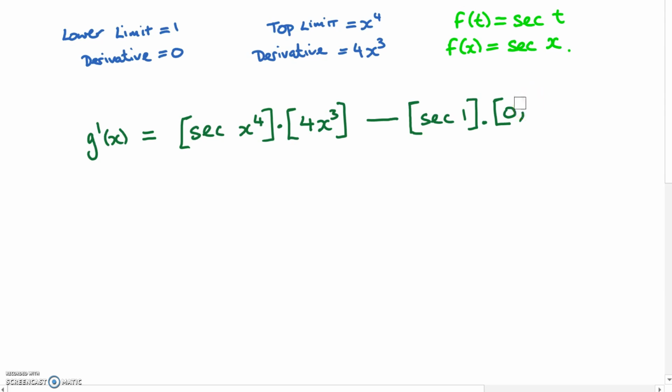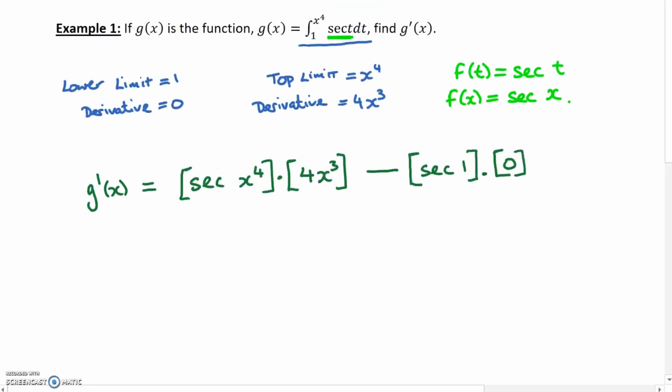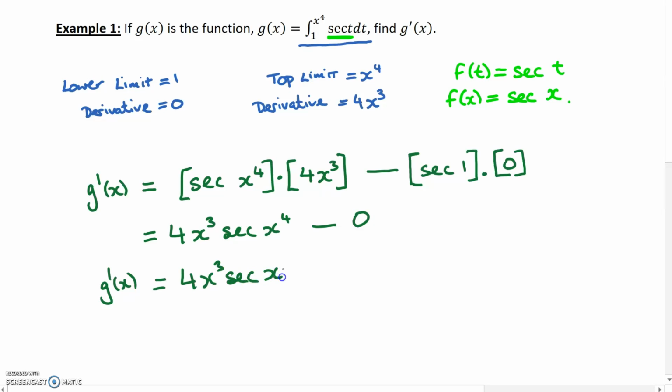Let's rearrange this so that the trig part comes at the end. So you're going to have 4x cubed secant x to the power of 4 minus 0. So it's simply g prime of x is equal to 4x cubed secant x to the power of 4.